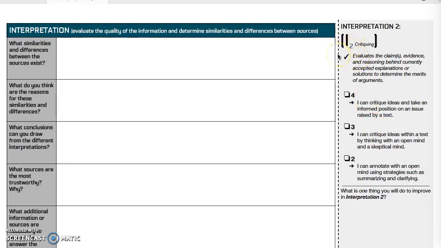So interpretation 2 requires that you're able to evaluate the claims, evidence, and reasoning behind currently accepted explanations or solutions to determine the merits of an argument.